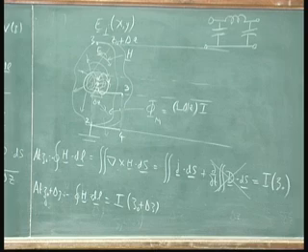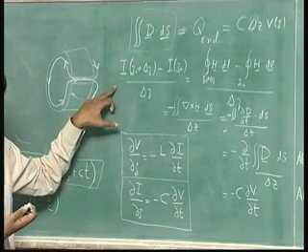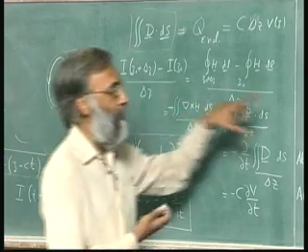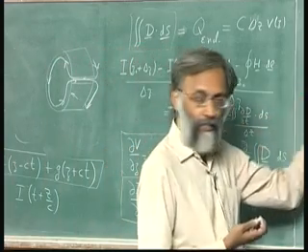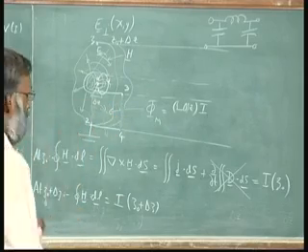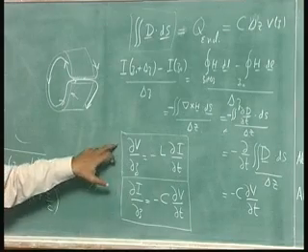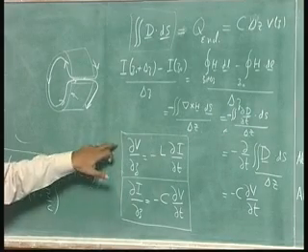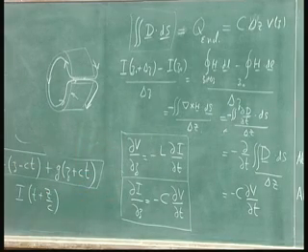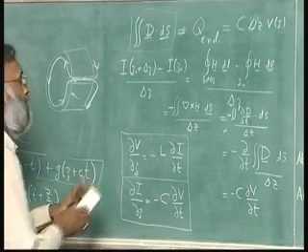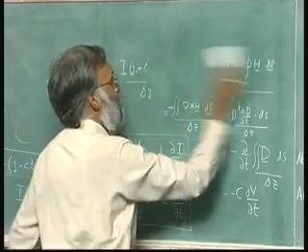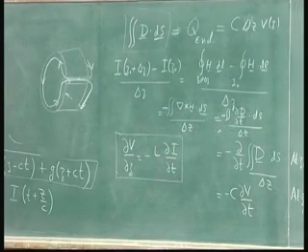Similarly, when I do the E is equal to minus grad phi, I could not have done that unless Bz is 0. So all of these ideas have been used, but at the end of it we get two equations which are purely circuit equations, and these circuit equations are what we use when we want to talk about transmission lines.